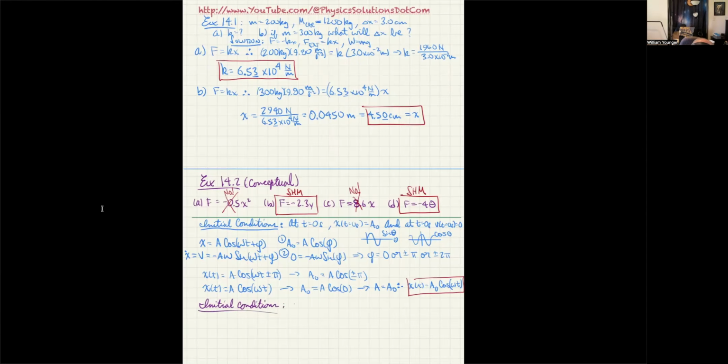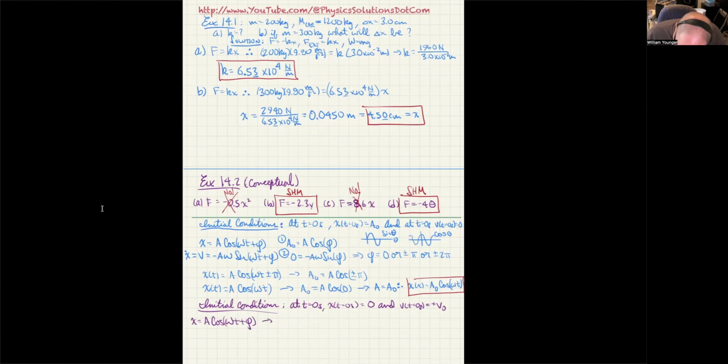So in this case, we're going to say at t equals 0 seconds, x of t equals 0 seconds is equal to 0, and v of t equals 0 seconds is equal to, let's say, positive v0. Okay, so if we remember that x is supposed to be a cosine omega t plus phi, and the omega, again, that's something we know, it's the square root of k over m.